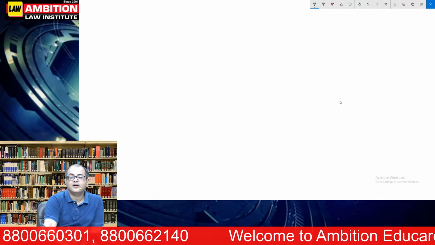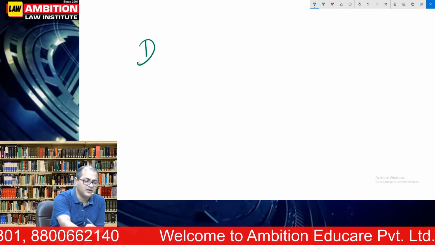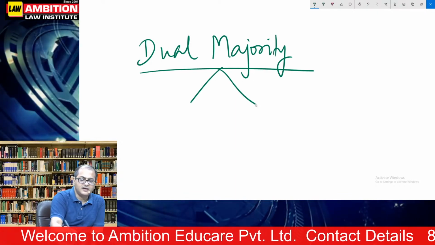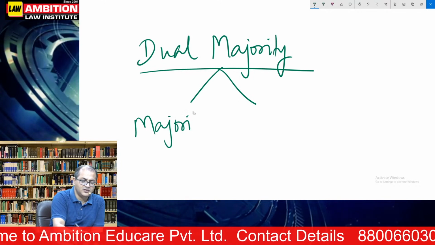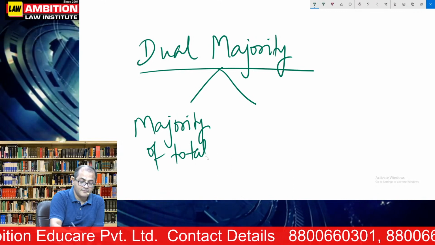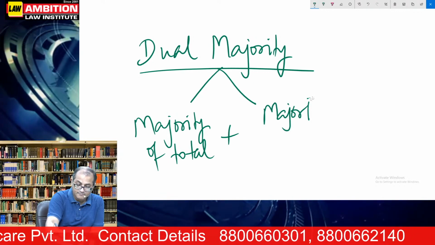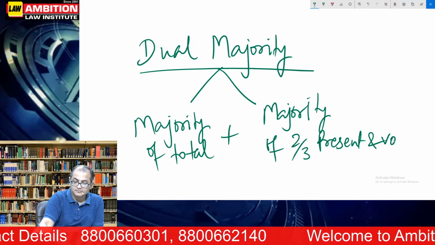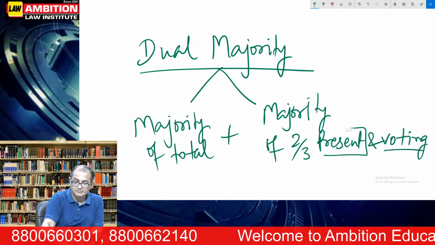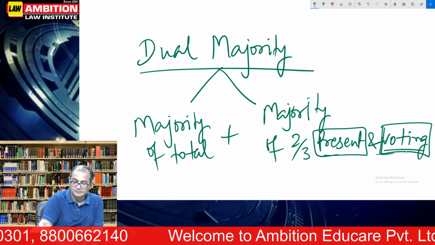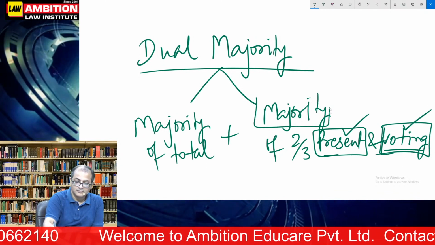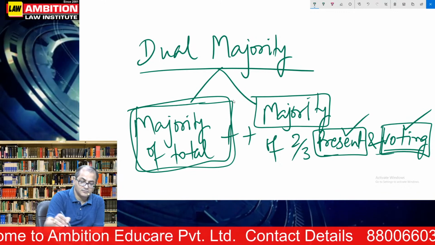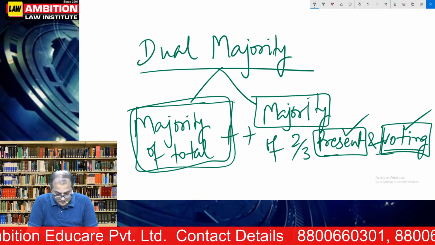So it will be approved. बहुत सिंपल है. डुअल मेजॉरिटी. डुअल मेजॉरिटी मैंने कई बार यूज कर दिया. यू अंडरस्टैंड डुअल मेजॉरिटी? आई सेड, चूंकि ये मेजॉरिटी दो है, मेजॉरिटी ऑफ टोटल मेंबरशिप और मेजॉरिटी ऑफ 2/3 present and voting. Majority of 2/3 present and voting.